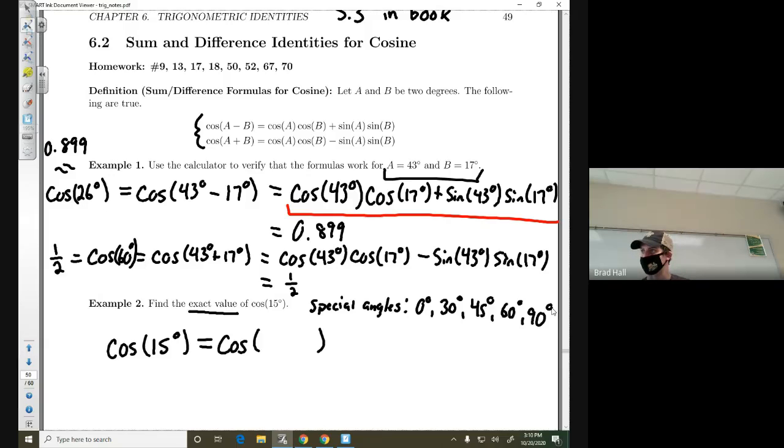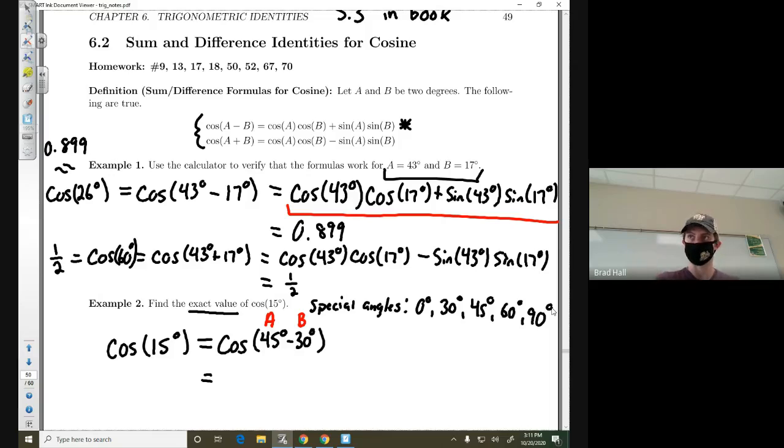Yeah, 45 degrees minus 30 degrees. But hey, look at that. Now we have a difference, which means we can use the difference formula. So if you want, you can even say that this one's A, this one's B, and plug it into the formula.